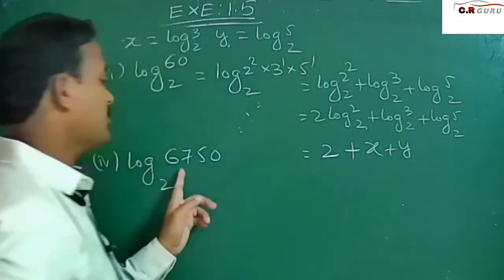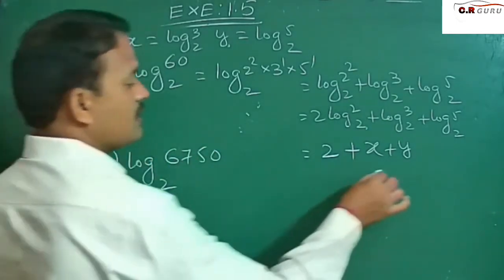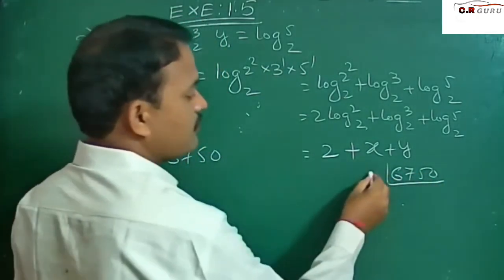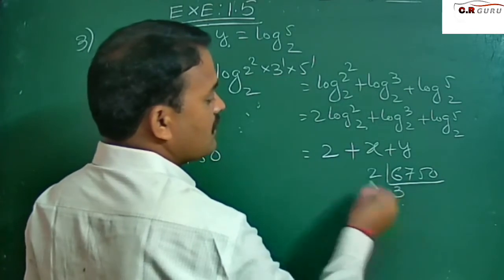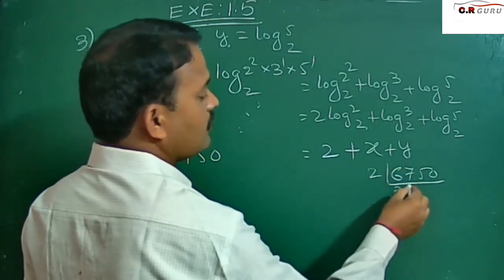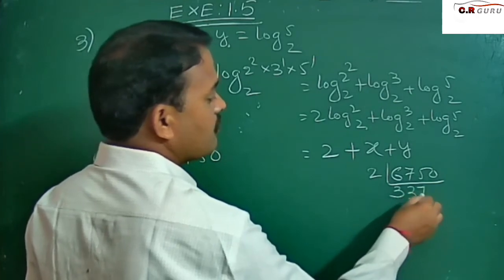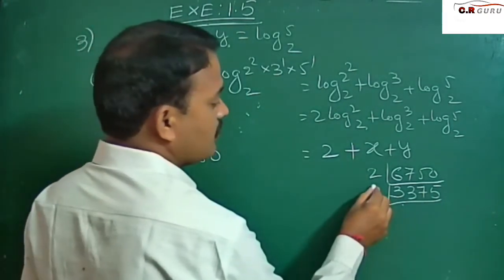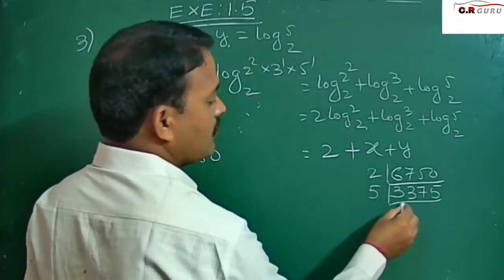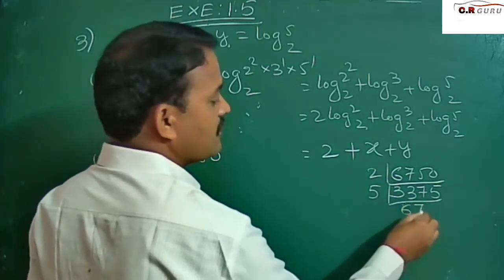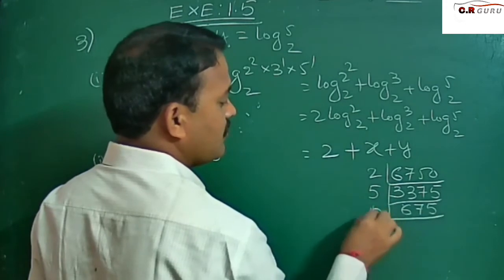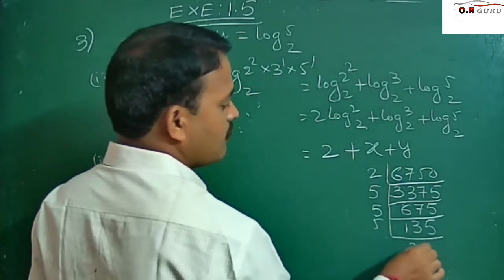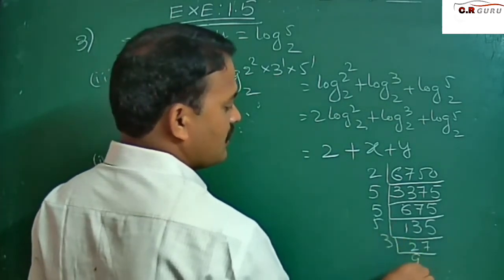First of all, you need to find the prime factors of 6750. Simply, using the 2 table, 2 3s are 6, 2 7s are 14; then in the 5 table, 5 6s are 30, 5 7s are 35, 5 5s are 25; again the 5 table, 5 1s are 5, 5 3s are 15, 5 5s are 25; again the 5 table, then the 3 table, 3 9s, then 3 3s will come.